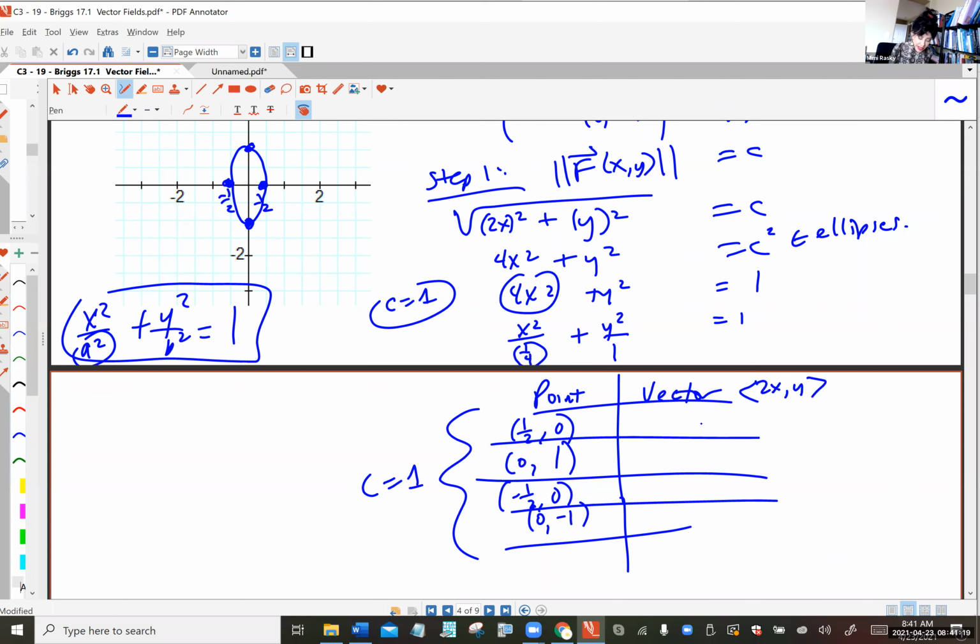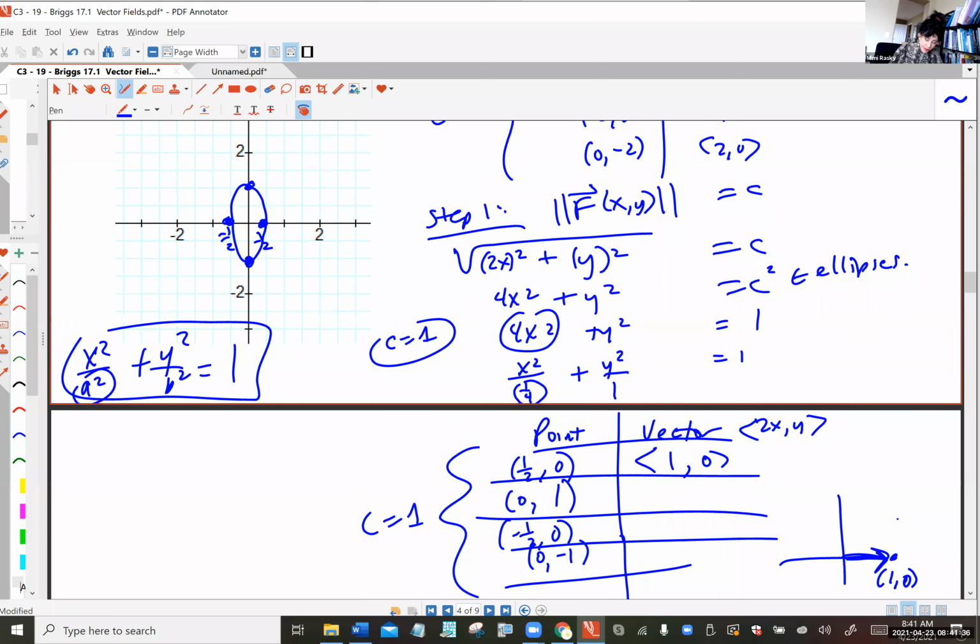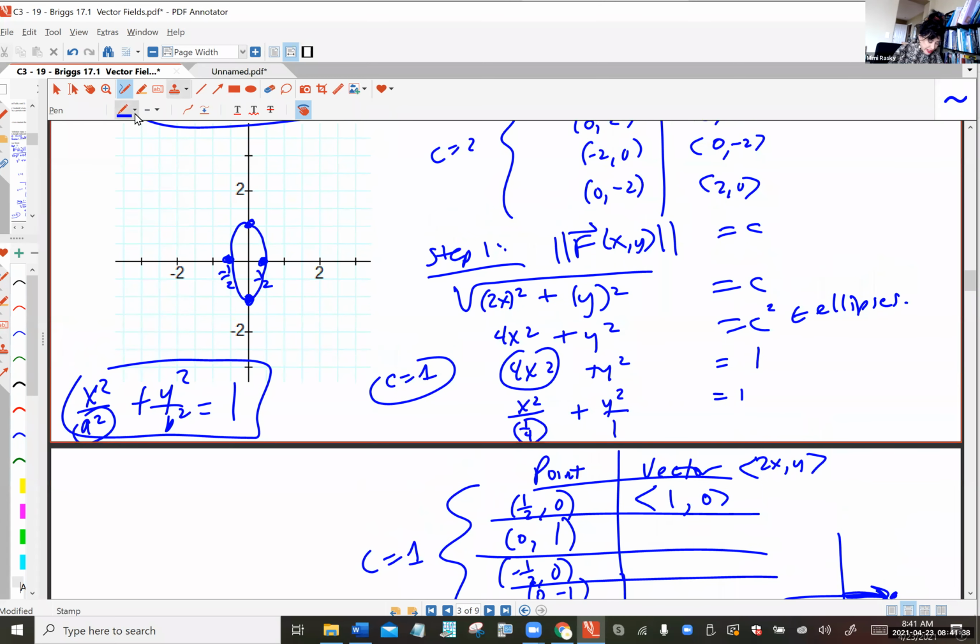So twice the x coordinate, 2 times a half, will give me the first component of the vector, and then y is 0. So what does that mean? The <1, 0> is a horizontal vector pointing to the right. And so if you graph that at the point (1/2, 0), it's going to be pointing like that.